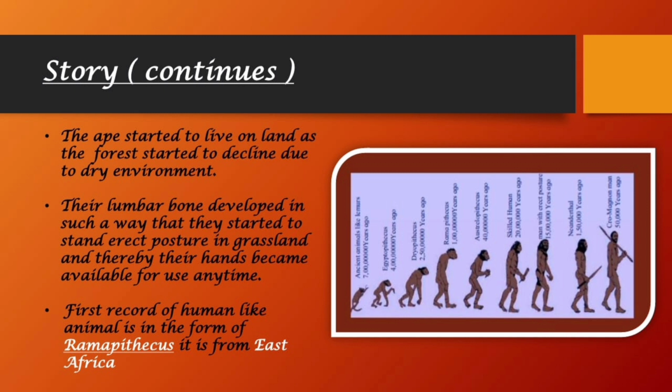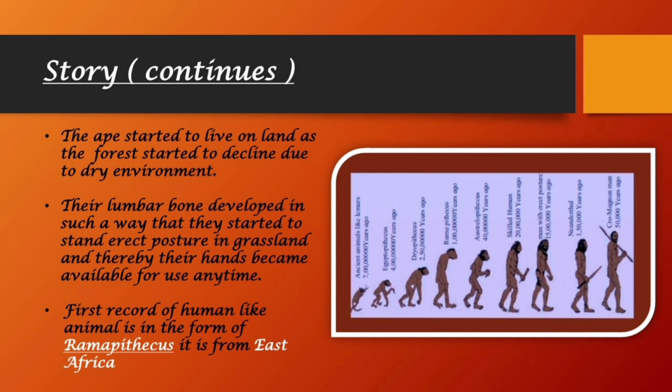Their lumbar bones developed in such a way that they started to stand in erect posture in grasslands, and thereby their hands became available for use anytime. These first human-like animals with erect posture, which were using their hands, evolved about 2 crore years ago.